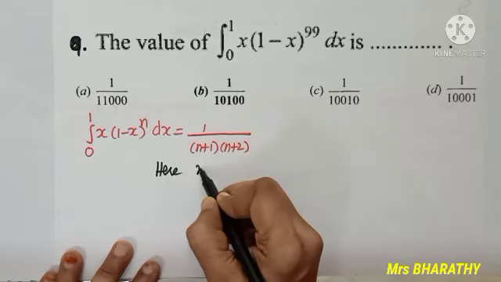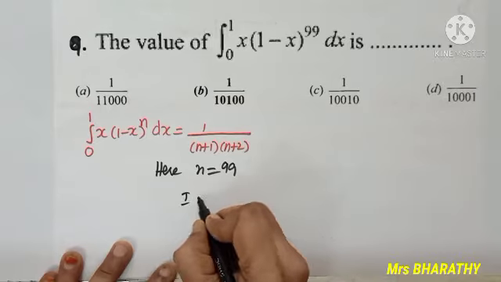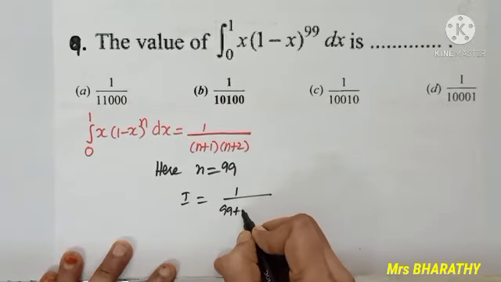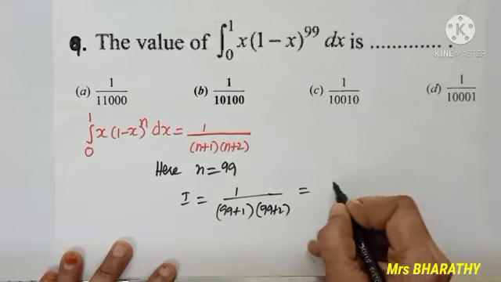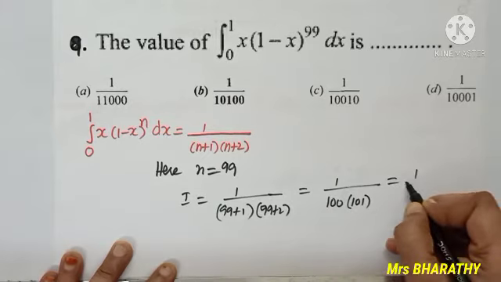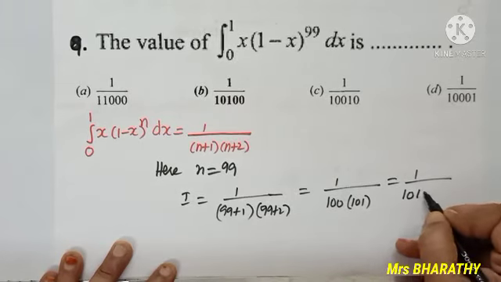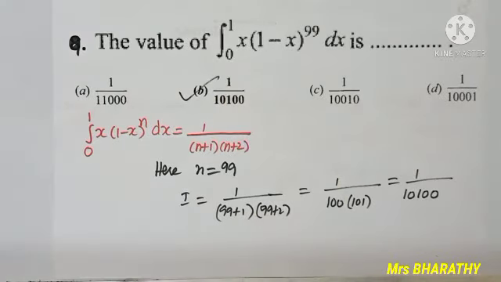In this question, n is equal to 99. So our answer will be 1 by 99 plus 1 into 99 plus 2, or it is 100 into 101. That is 1 by 10,100. Option B is the right choice.